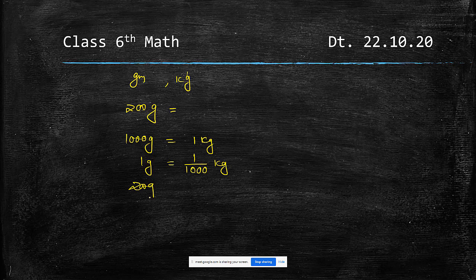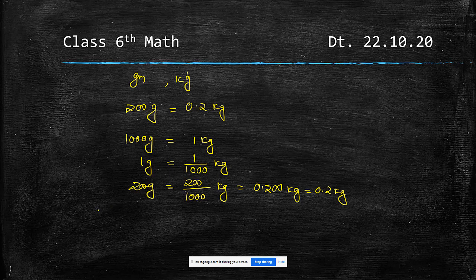So 200 gram equals 200 upon 1000 kilogram, or it can be written as 0.200 kilogram or 0.2 kilogram. Okay, so 200 gram can be written as 0.2 kilogram.